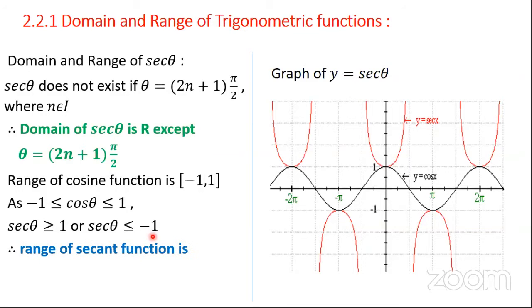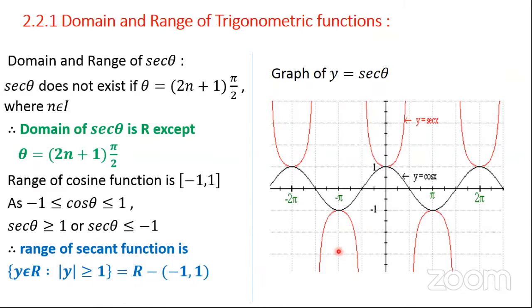Therefore, the range of the secant function is the set of all y belonging to R such that modulus of y is greater than or equal to 1, meaning the set of all real values R minus the open interval (-1, +1).